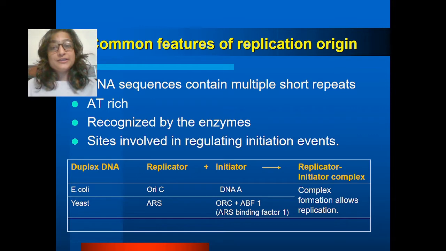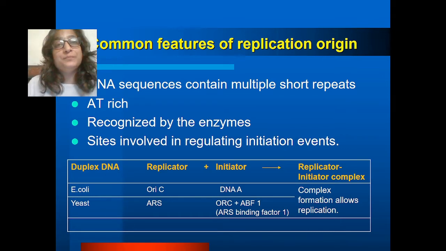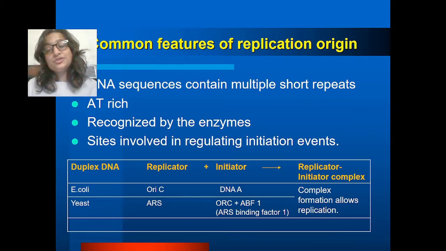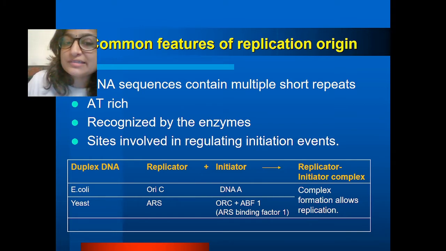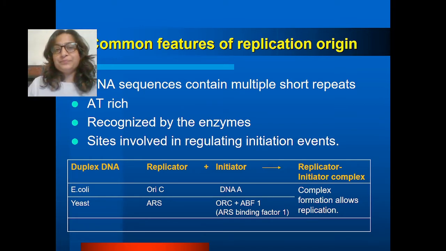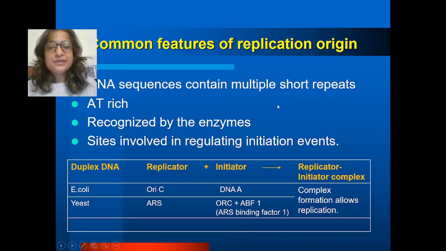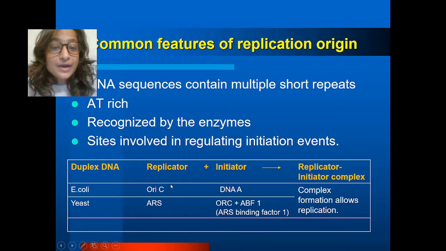So it is important that your replication should be strictly regulated, when your DNA has to replicate and when not, and this regulation actually occurs during the initiation phase only. Once the initiation phase gets over, then the whole of your DNA will obviously be replicated. So these are the features of replication origin, and accordingly, the ori basically forms a replicator.